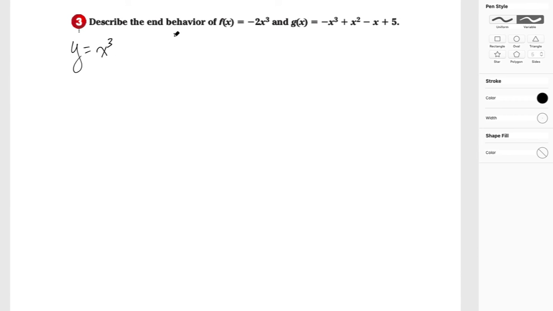If y equals x cubed is a function that does something like this, when I throw a negative coefficient in front of it, which we have in both f of x and g of x, we are going to get something that'll do the opposite. So it'll start up and it'll kind of do this.